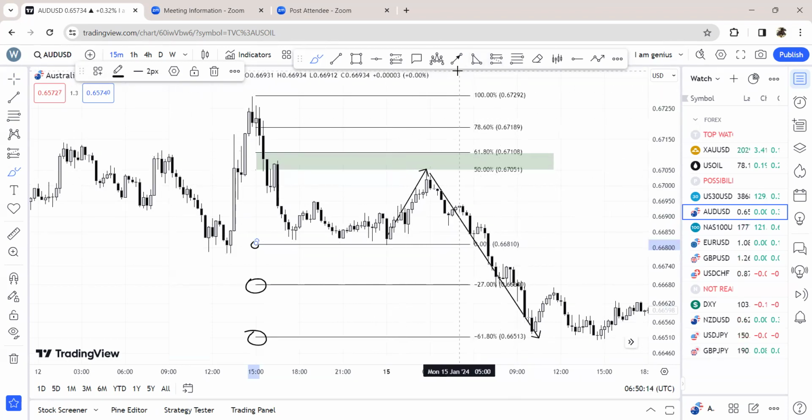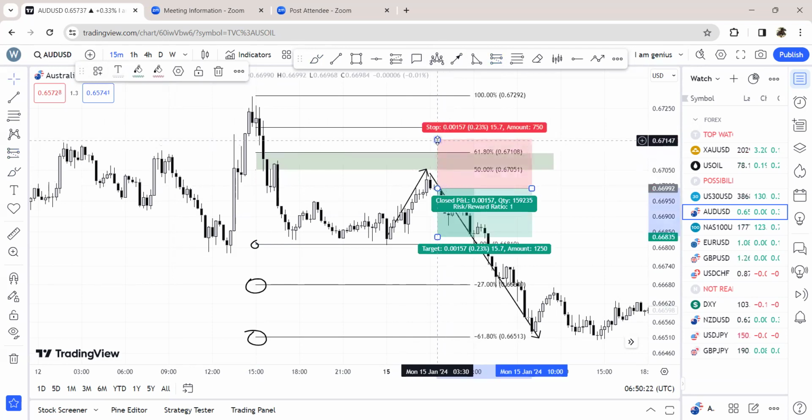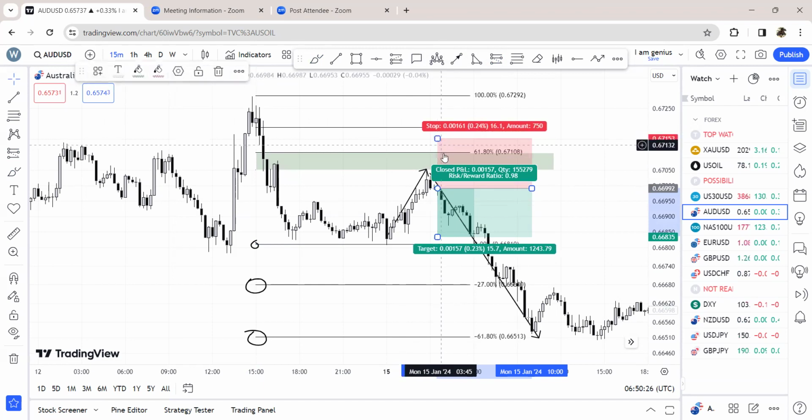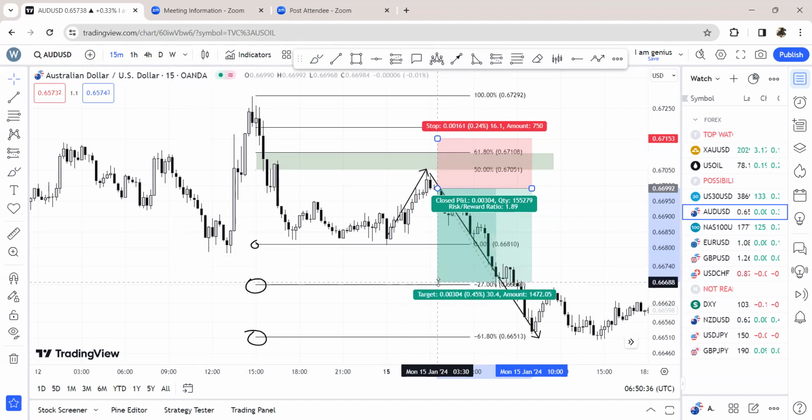Since it's a short, I'll put my stop loss right there, just above my golden ratio. Then I'll put my first take profit on this level.